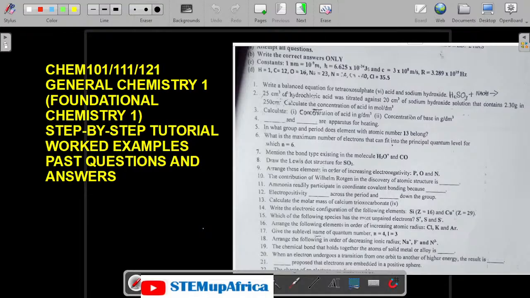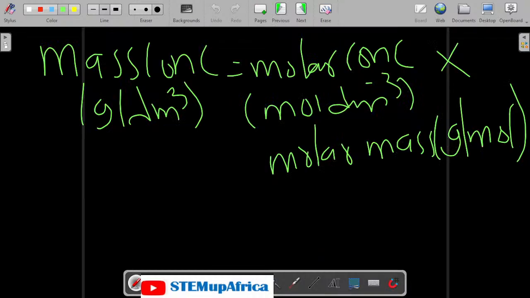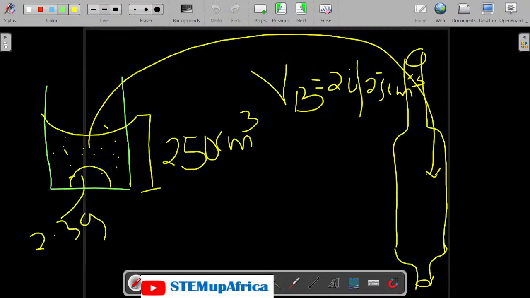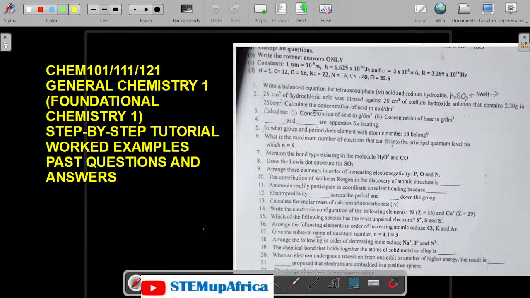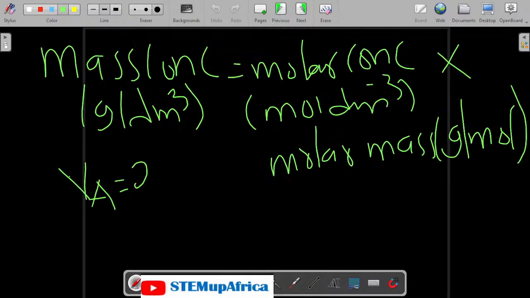The molar concentration of the base, which we calculated already, is 0.92. We're going to use that to calculate the molar concentration of the acid. From there, we get our mass concentration. So we have our VA is 25, our VB is 25 cm cube.